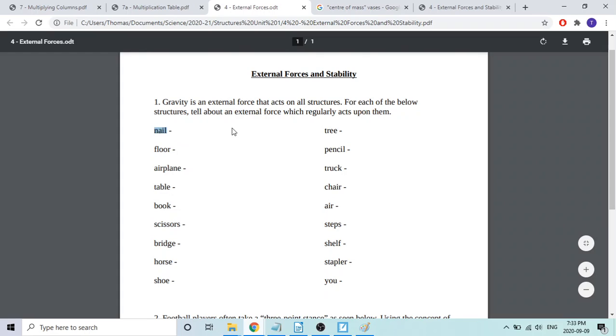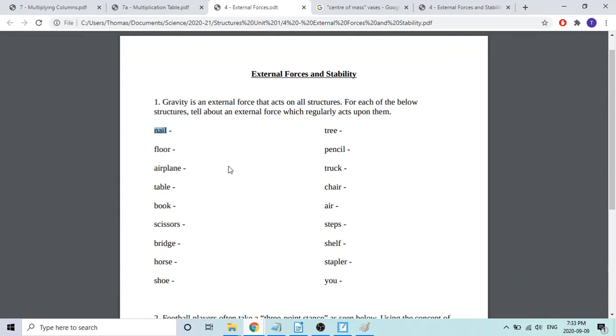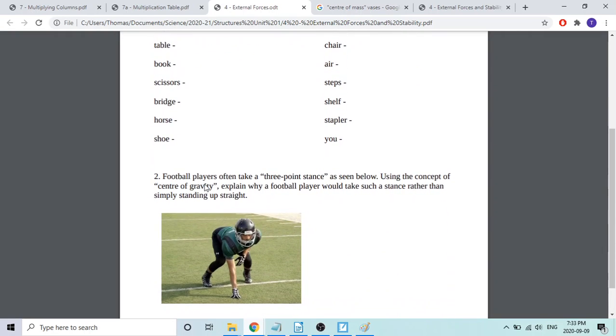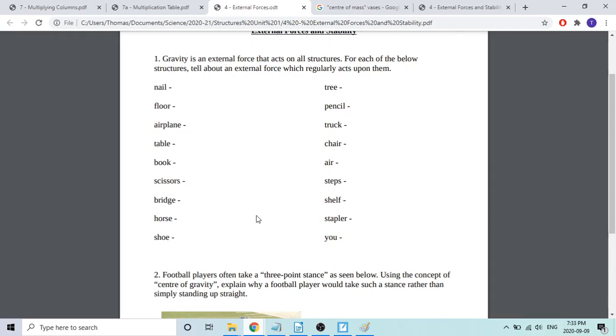Well, the easy answer is a hammer, right? A hammer slams a nail into a board of wood. What kind of force acts on a floor, on an airplane, on a tree, a pencil? All you need to write is where the force is coming from. So for this one, you would just write hammer. And for some of these, there's more than one right answer.